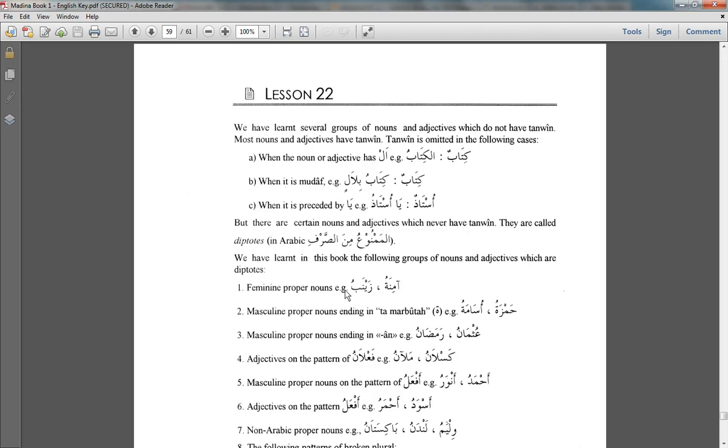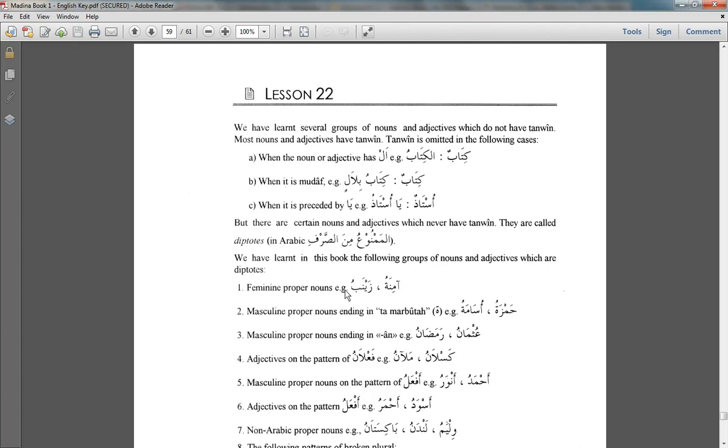Those two reasons are, in this case, alam and ta'nith. Alam means that it's a proper noun, and ta'nith that it is feminine. So when you have the combination of those two things in one noun, it will become a diptoad.